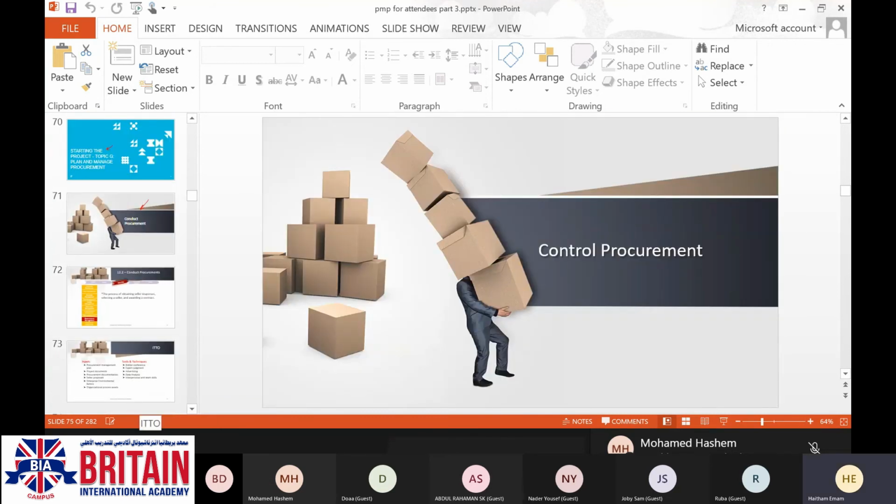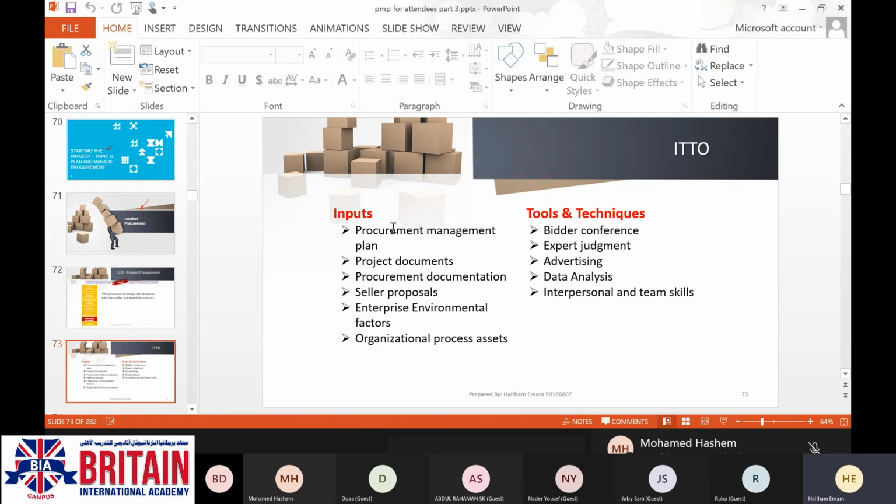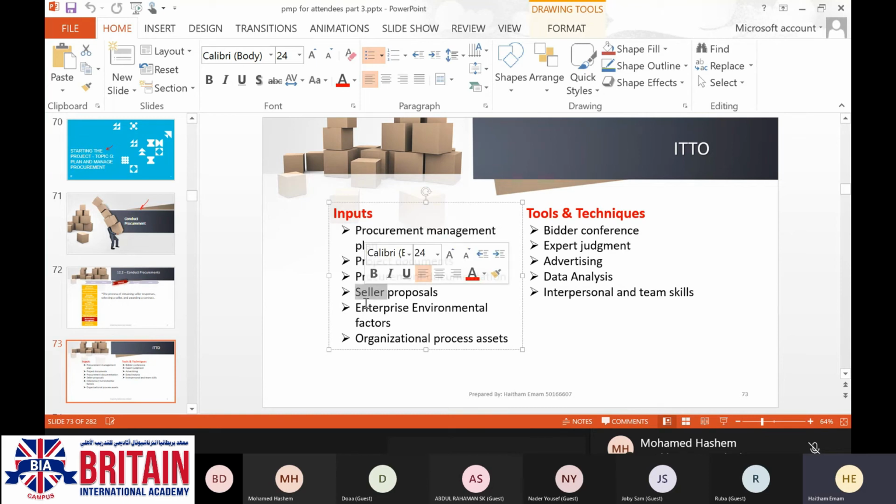That is conduct procurement. Have a look at that. The inputs: procurement management plan, project documents, procurement documentation, seller proposal, enterprise environmental factors, and organizational process assets.